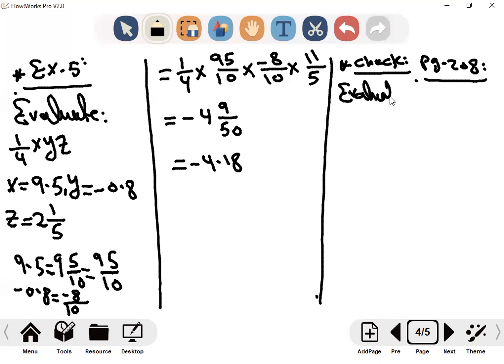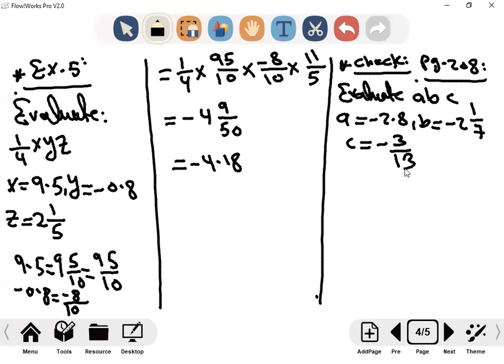Evaluate A, B, C. Given that A is 2.8, B is negative 2 and 1 over 7, right? And C is negative 3 over 13. Negative 3 over 13.